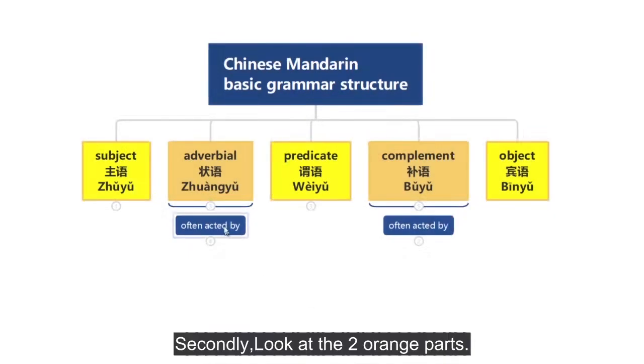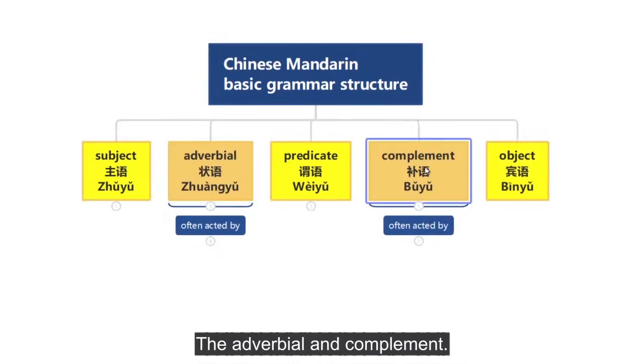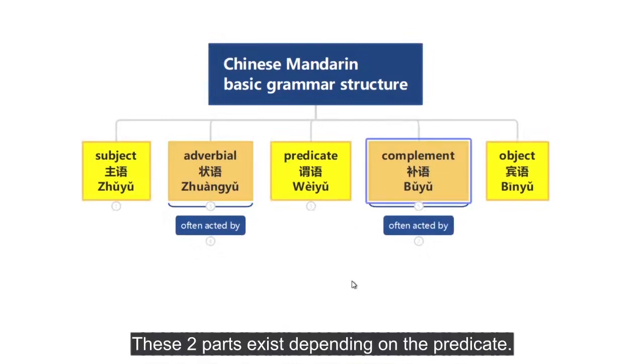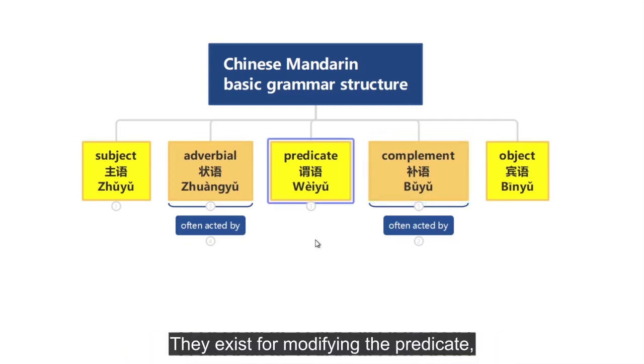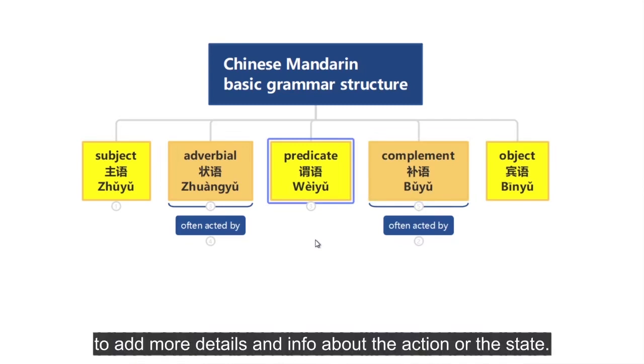Secondly, look at the 2 orange parts, the adverbial and the complement. These 2 parts exist depending on the predicate. They exist for modifying the predicate to add more details and information about the action or the state.